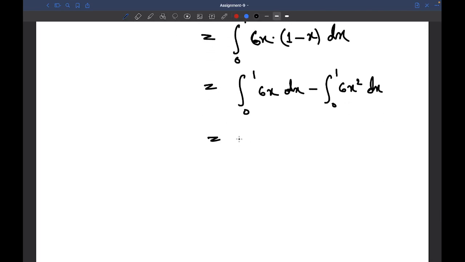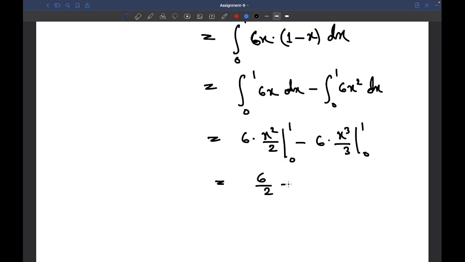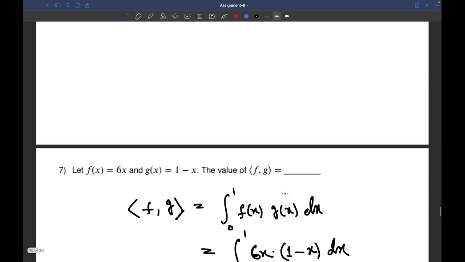If you integrate this, you will get 6 times x squared by 2, evaluated from 0 to 1, minus 6 times x cubed by 3, evaluated from 0 to 1. So you will get 6 by 2 minus 6 by 3, which is 3 minus 2, which gives 1. So the inner product of f with g is 1. Question number 7 is done.